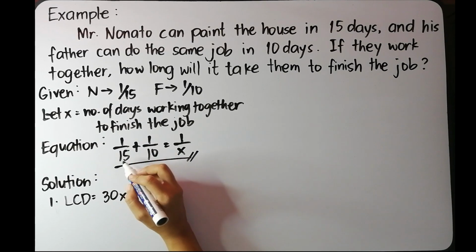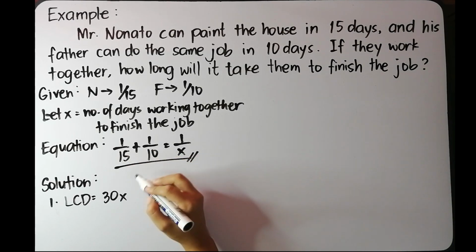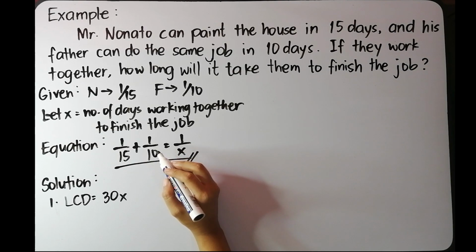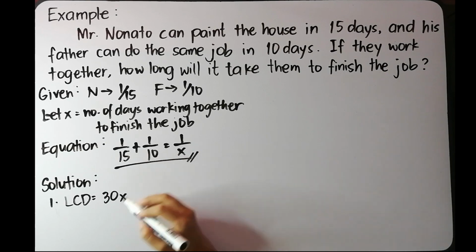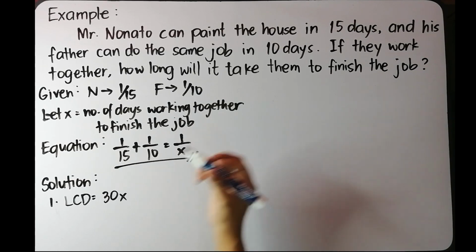If we divide 30x by 15, 30 divided by 15 is 2, then times x. And if we divide 30x by 10, 30 divided by 10 is 3x. Then if we divide 30x by x, that is equal to 30.